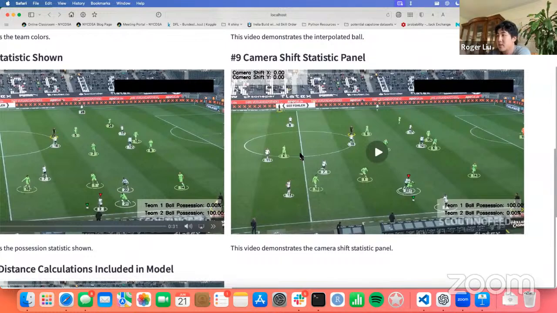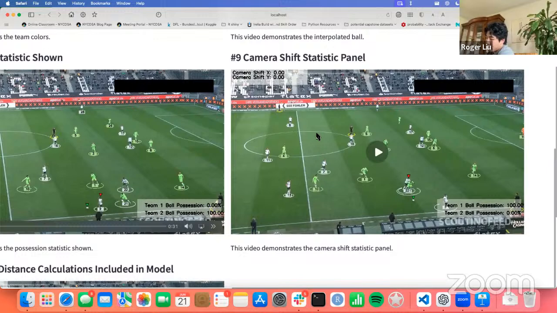The next statistic I wanted to add was the distance moved, as well as the estimated speed that each of these players is running at. But that becomes very difficult because of the way the camera is angled. I did a little bit of analysis here. This is the midpoint of the soccer pitch, and the number of pixels from this midpoint to the top and to the bottom aren't equal.